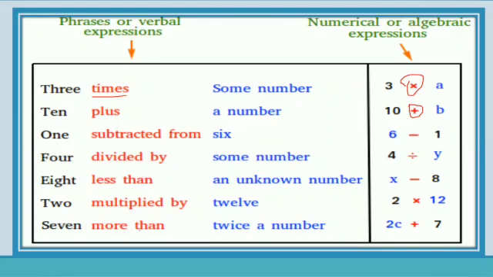And then it is given more than, so you will add that many to the given number. Here it is given that 7 more than twice the number. So twice the number means 2c and 7 more than that means plus 7. So this is how you can form the equations for the problem sums you are given, and then you will solve them.